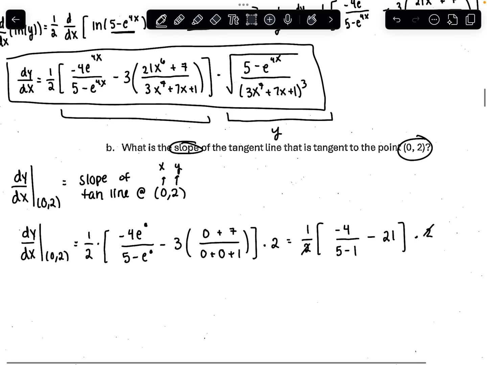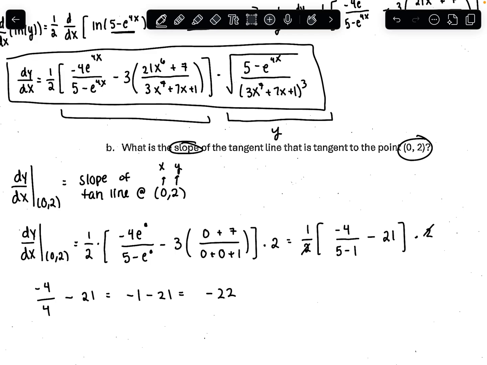And then we're left with negative 4 over 4, minus 21. So it'll be minus 1 minus 21, which is negative 22. That looks terribly incorrect, but whatever. I think it's correct.